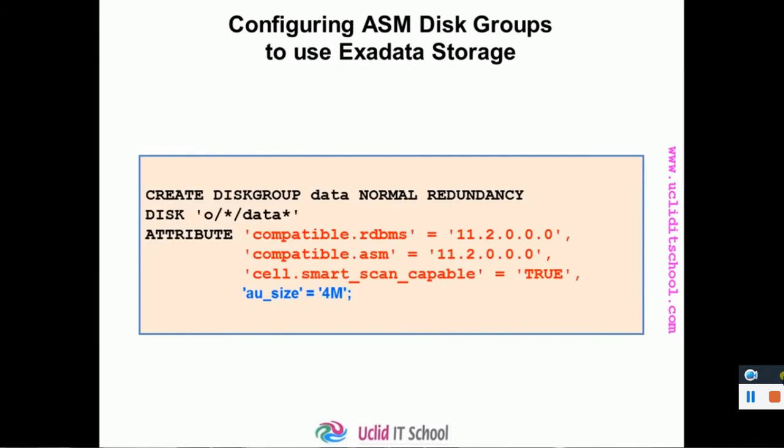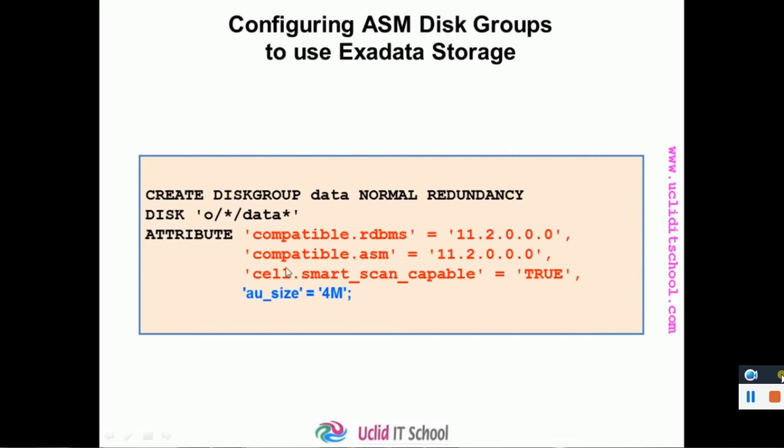It is the same as non-Exadata, but when it comes to Exadata, the attributes mentioned in red color are a must. So what are those? compatible.rdbms and compatible.asm must be set to minimum 11.2.